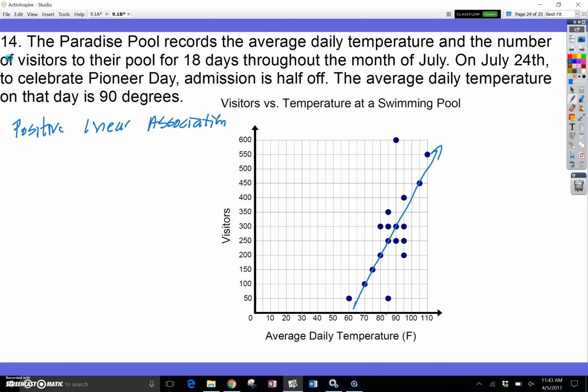Now I want you to write down a story. And it says, as the average daily temperature increases, the number of visitors also increases. That makes sense, right? So, as temperature increases, so do visitors.